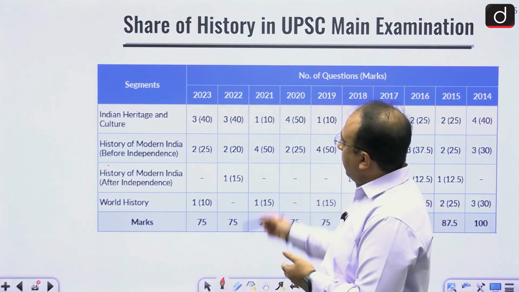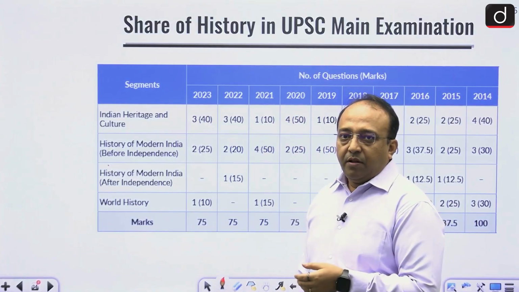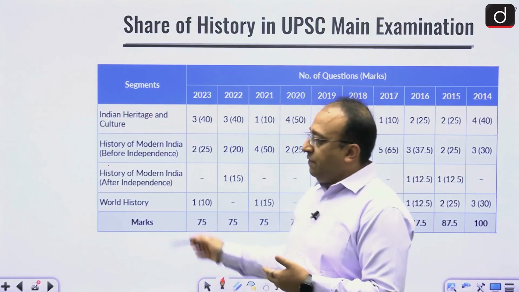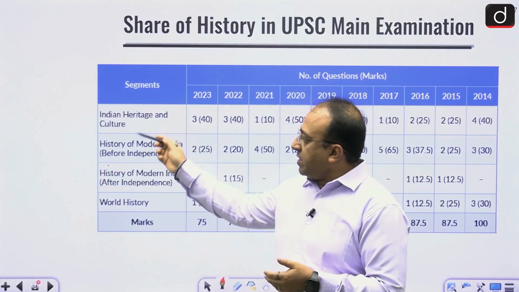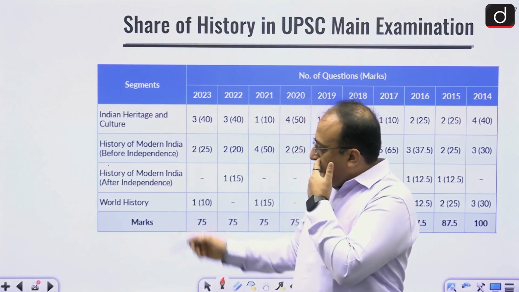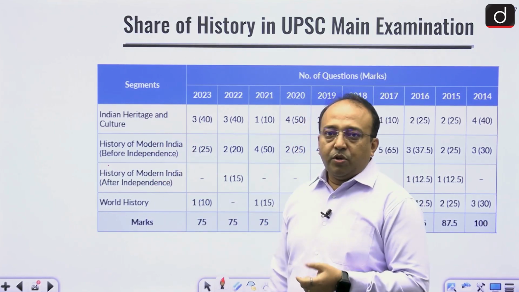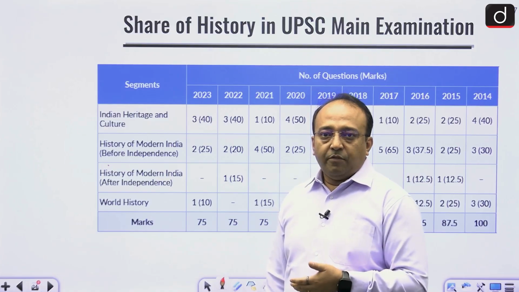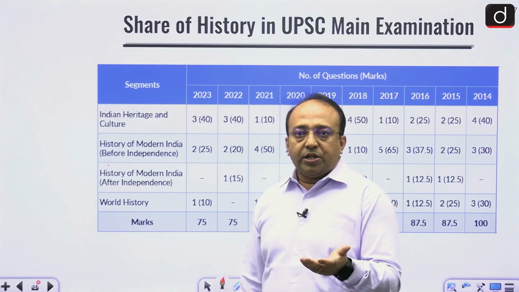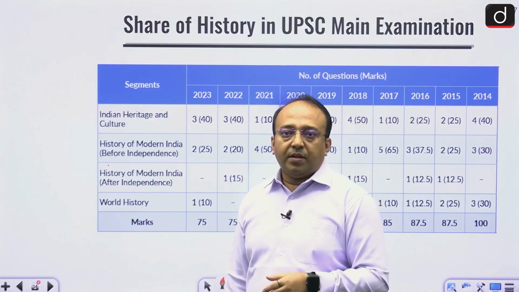For example, in 2023, if we classify history content into heritage and culture, modern India, post-modern and world history, because these are the syllabus also for your GS paper 1. Fine, it is equally relevant in the context of your prelims examination as well.